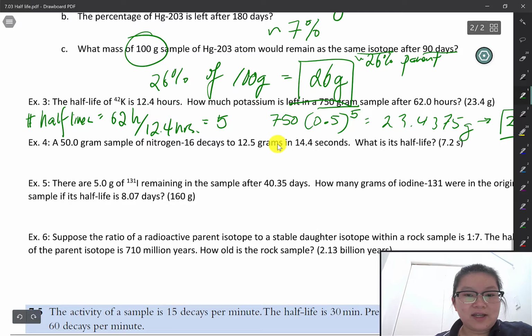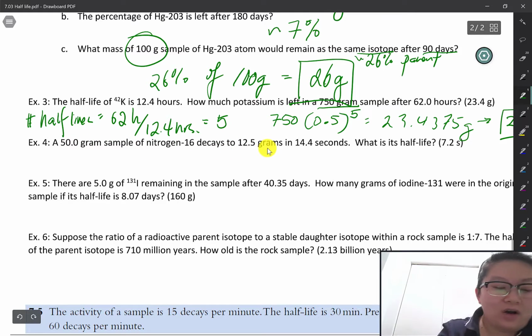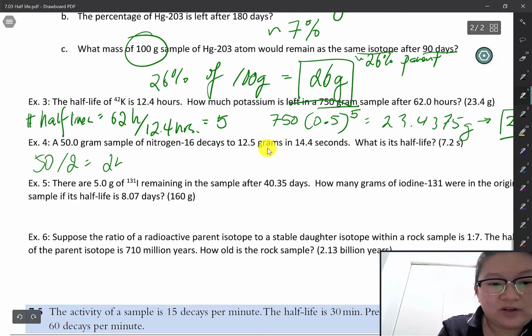Let's look at how many times we have to halve 50 to get 12.5. 50 divided by 2 is 25, and 25 divided by 2 is 12.5 grams.